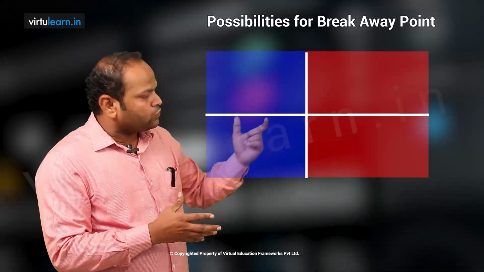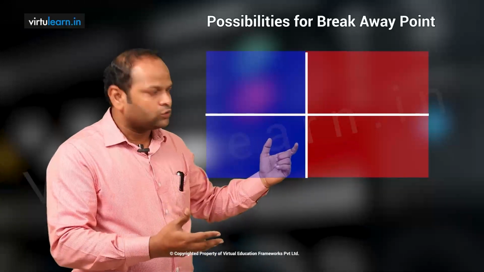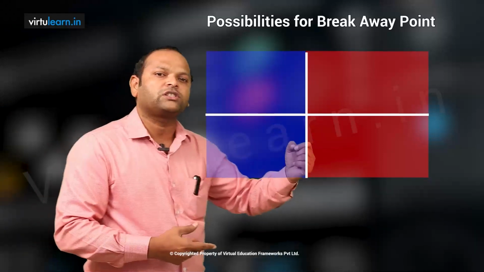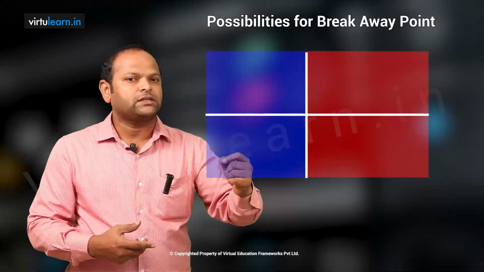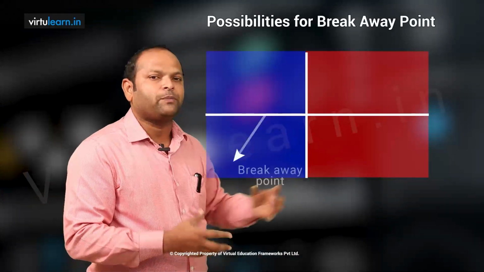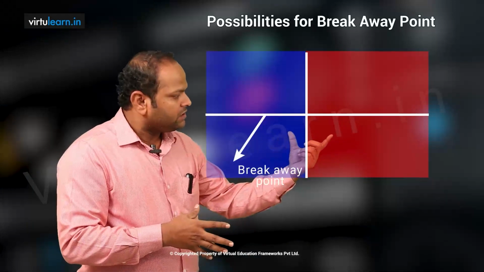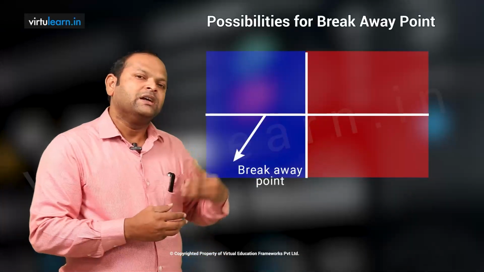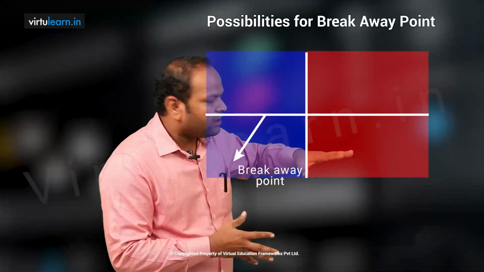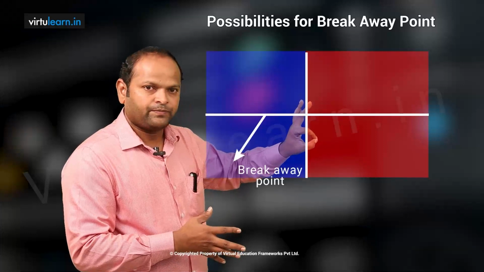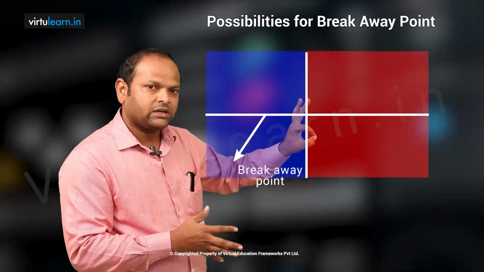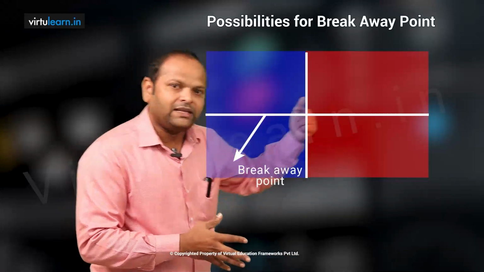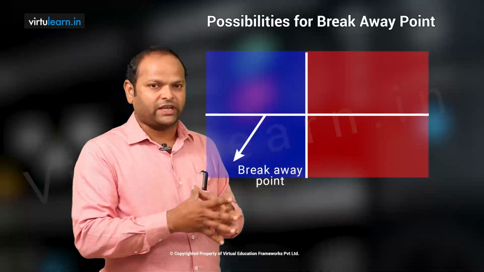Whenever two open loop poles are adjacently placed and in between you have root locus area, there exists one breakaway point, because these two will come towards here, then jump into the complex plane. The second possibility is if you have two poles at one point, like a double pole, and on either side you don't have any root locus area.